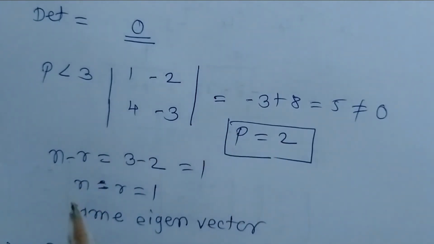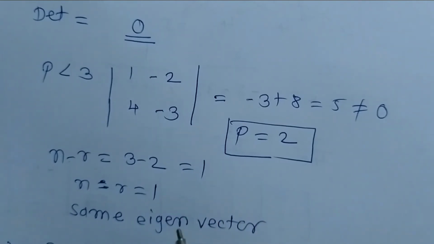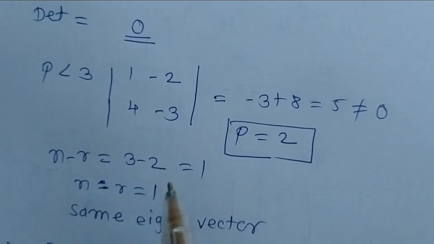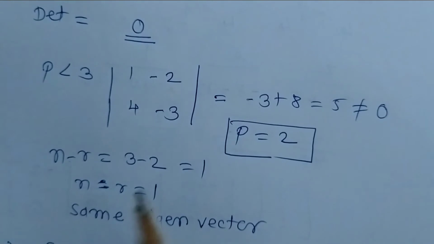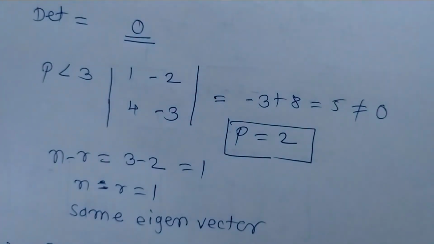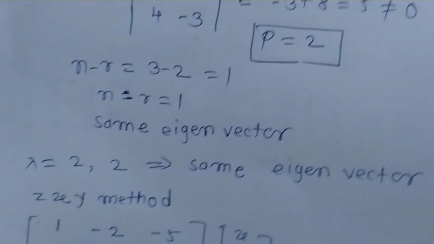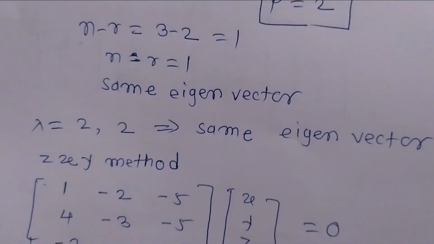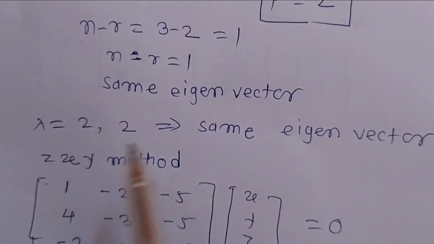So for these eigenvalues we get the same eigenvectors. If this is not 1, then we will get different eigenvectors, but n minus r is 1, so we will get the same eigenvector. For lambda equal to 2, the same eigenvectors, by using the ZXY method.